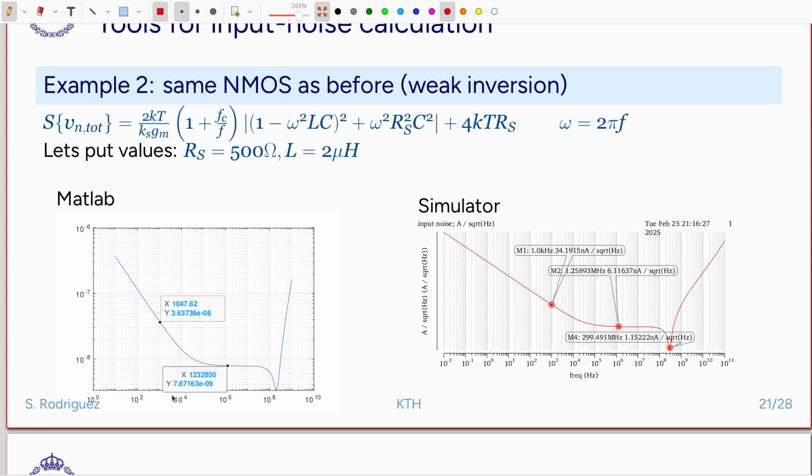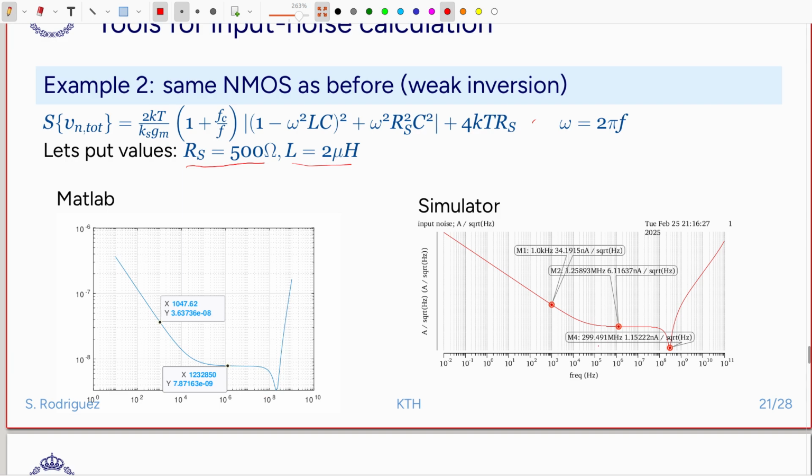So if we use the same NMOS transistor that we used before for the extraction of input referred noise voltage and noise current, and then we put the source resistance of 500 ohms and these inductors of 2 microhenry, I use these equations in MATLAB, and then I get the following plot.